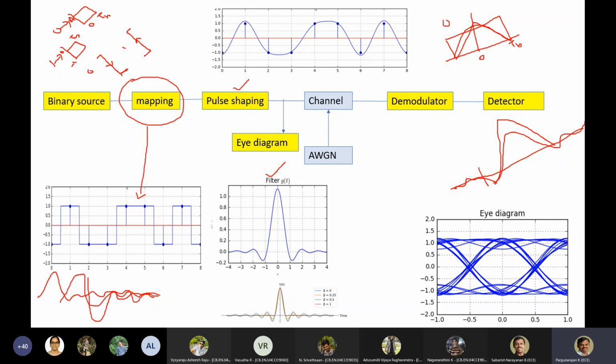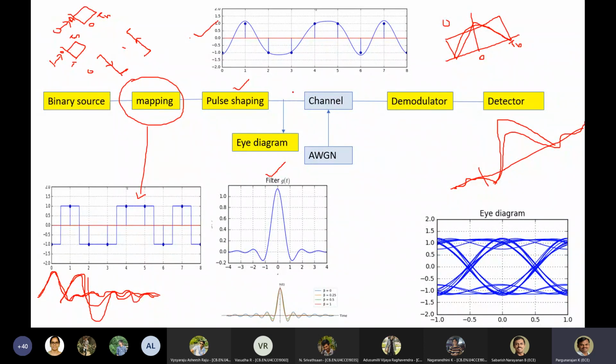So if I consider here, what will happen? From here to here, the first symbol duration, I have this pulse. Second symbol, this one. Now because the second pulse is overlapping with the first pulse, the effect of this and the effect of the second one and the effect of the third one are getting added. So the addition of everything is going to give you the pulse, so the transmitted signal looks in this format.